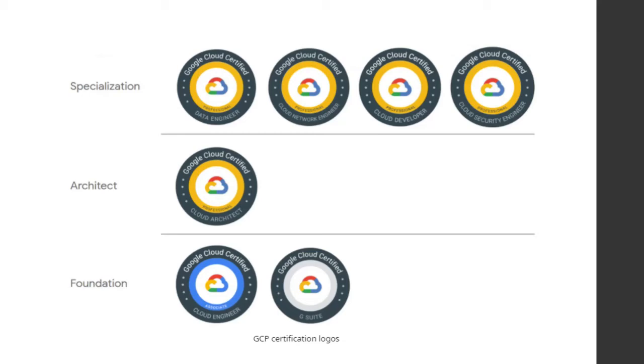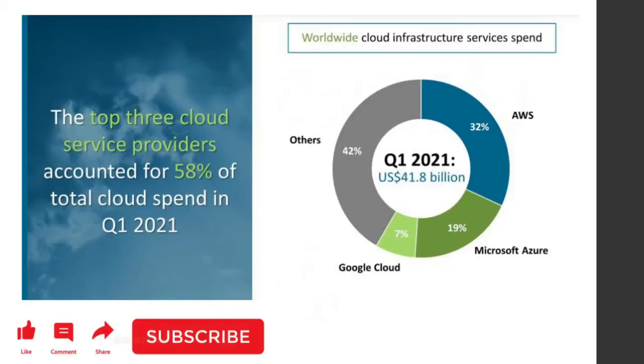Out of Azure, Amazon, and Google, which one to choose? That is a challenging question. This slide explains the total cloud market share in the world. As of now, 32 percent of the entire world cloud is occupied by AWS, 19 percent by Microsoft Azure, and only 7 percent by Google.